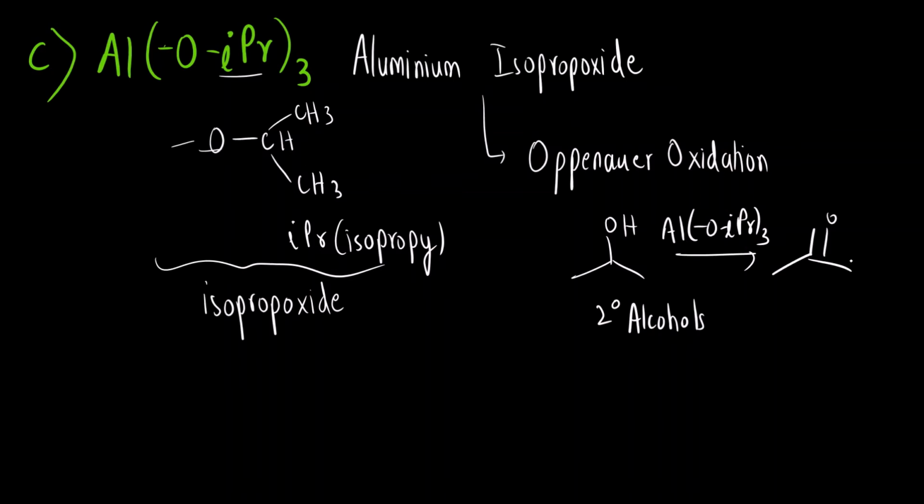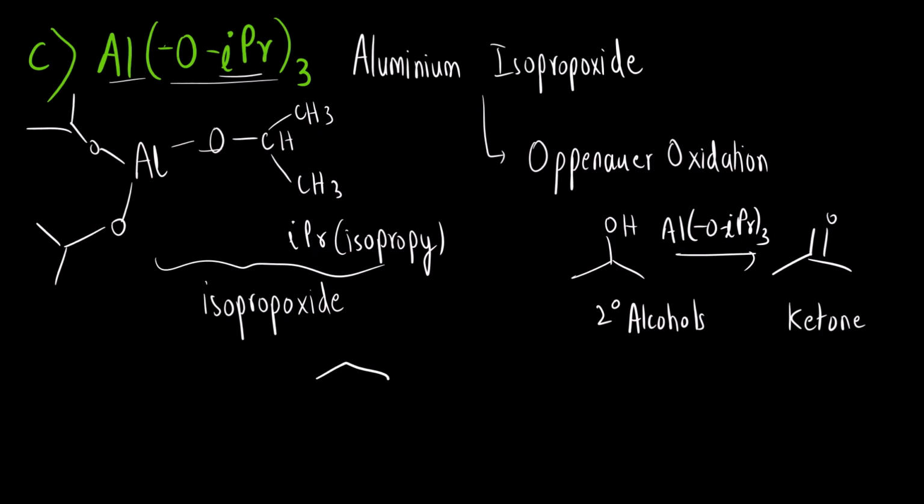We will get a ketone. Okay, what will be the entire structure of this? There will be Al, one such group. Similarly, there will be another group like this. This is the entire structure of aluminium isopropoxide.